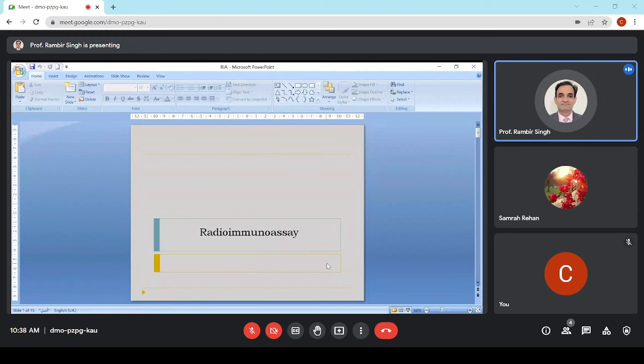The other type is fluorescence, which gives much better sensitivity than UV-visible spectroscopy. In UV-visible spectrophotometry we can measure an analyte in the micromolar range, whereas with fluorescence we can measure easily up to nanomoles. But if we have to go beyond nanomole, then we use RIA.